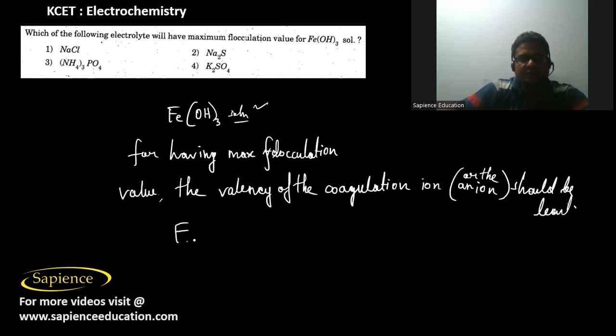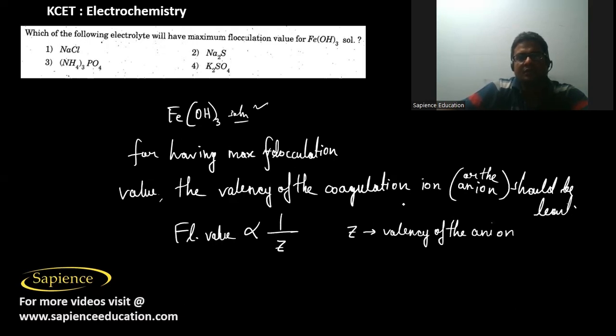The rule is that the flocculation value is inversely proportional to Z, where Z is the valency of the coagulating ion, the anion. In the first option, the anion is Cl minus, so the valency is 1.